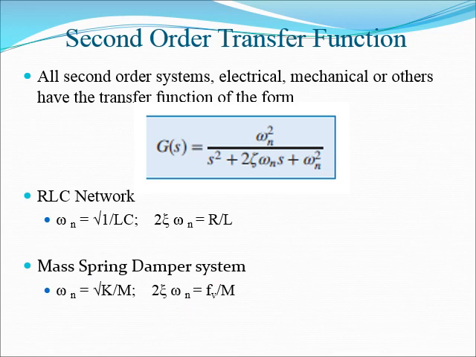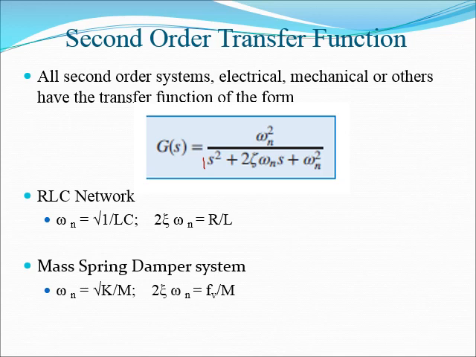So here is a second order transfer function, a general transfer function. That means it is applicable to all second order systems, electrical, mechanical or others. They will have the transfer function of the form G(s) equal to omega n square over S square plus 2 zeta omega n s plus omega n square. Again, this coefficient is 1.